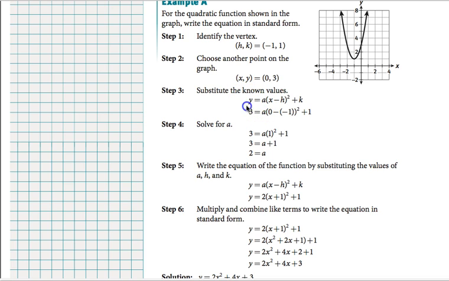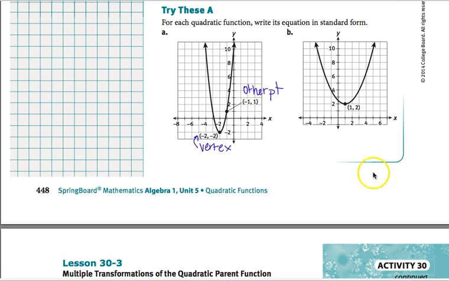When we use this general form that we wrote earlier, we are going to plug in the vertex for H, K. So we're going to plug those values in for H and K. The other point we always plug in for X and Y. So what I would suggest is writing it out before you plug it in.